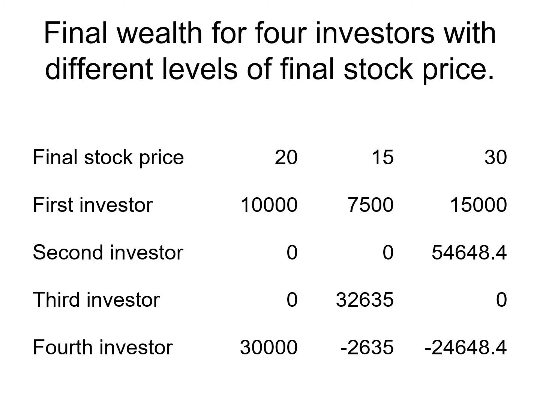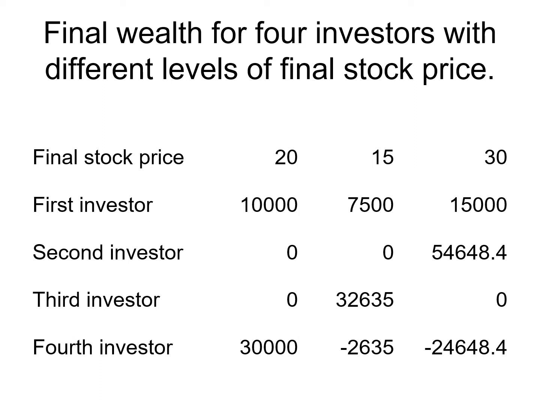Final wealth of the 4 investors with different levels of final stock price. The final stock price can be $20, which remains the same as the initial stock price, or drop to $15, or rise to $30.